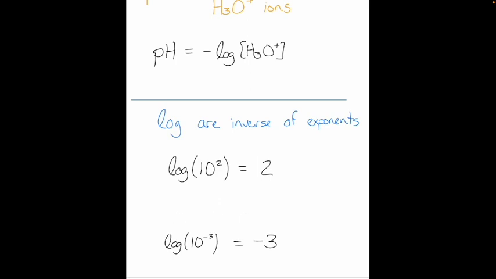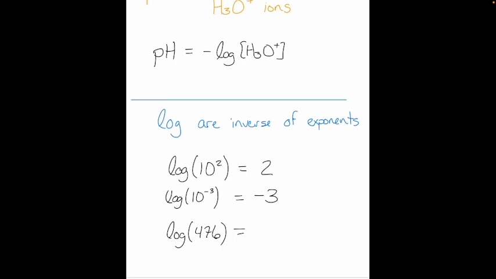All right, let's do one more here. Let's do the log of 476. We get 2.6776.